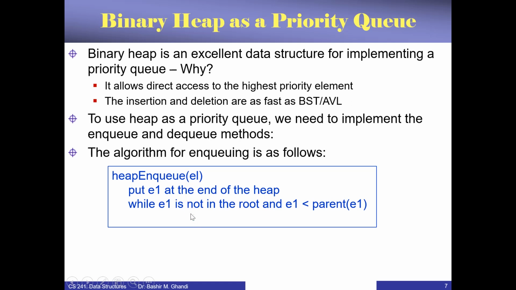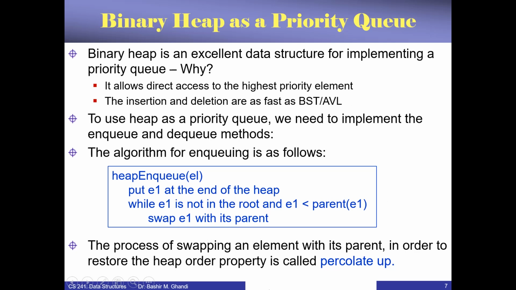So for a min heap, we want the smallest element to go to the top. If you are doing it for a max heap, then this should change to greater than. Okay, so while element is not in the root and element is less than its parent, swap the element with its parent. If it is for max heap, while element is not in the root and element is greater than its parent, swap the element with its parent so that the bigger element goes to the top. This is the idea. So this is the algorithm for enqueue.